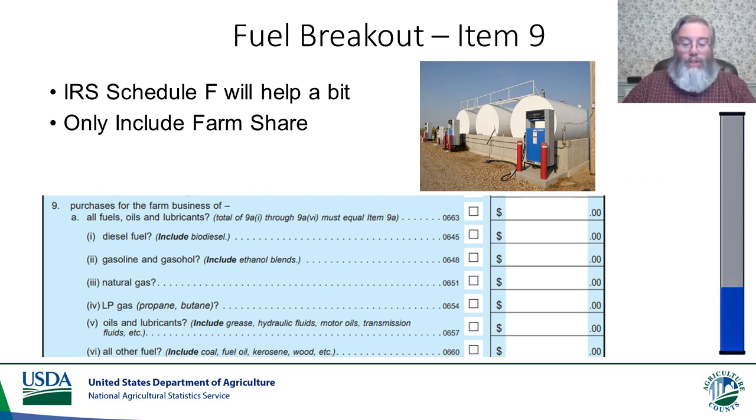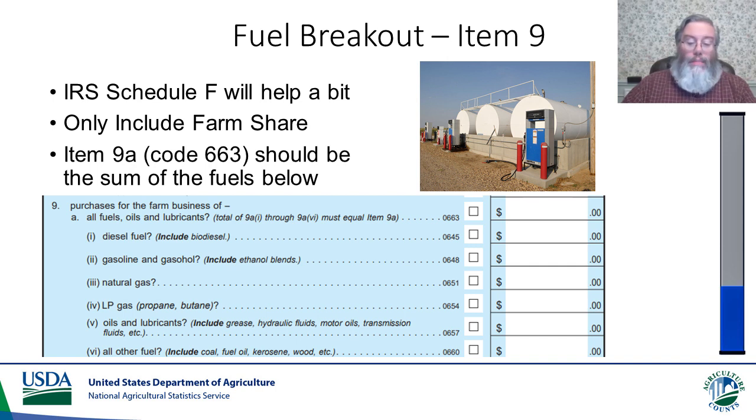Any fuel purchased for personal vehicles should be excluded. Finally, double check that the total amount spent on fuels on the top line with item code 663 is the sum of all the different fuel types below. This has been a very common recording error over the last several years.